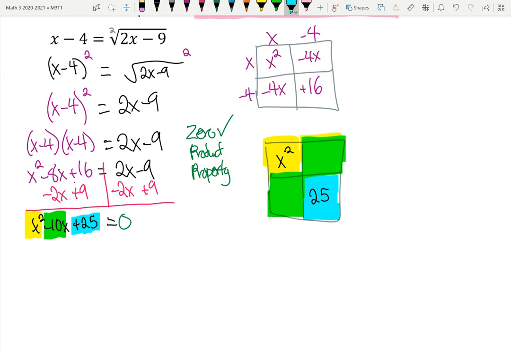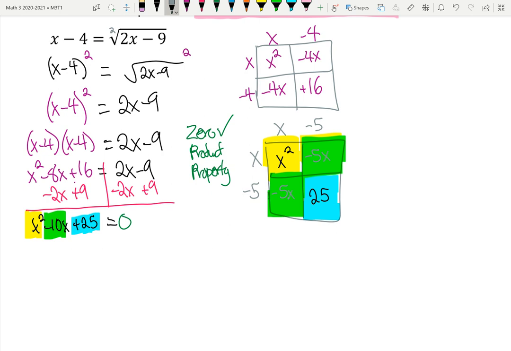What numbers multiply to be x squared? Well, x times x is x squared. I need to construct a negative 10x. So if I did 5 and 5, that would be 5x and 5x, which would make 10x, but I need it to be negative.